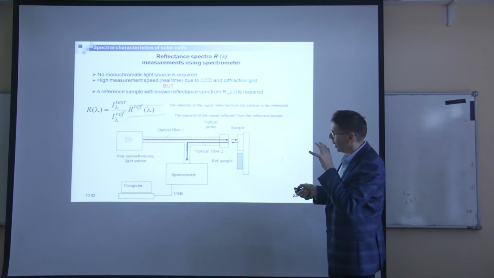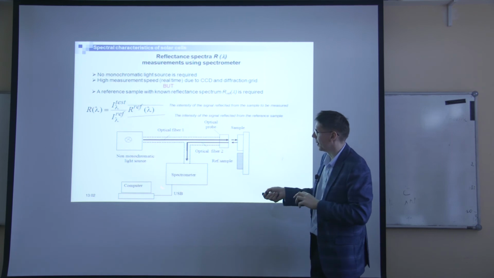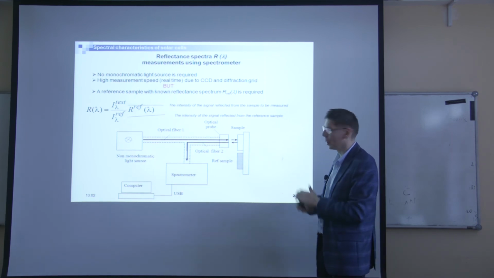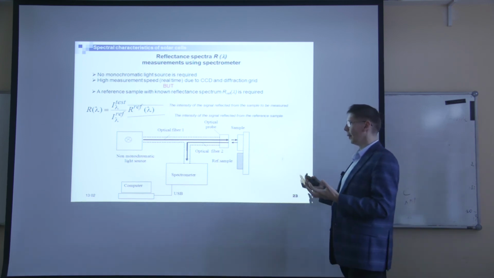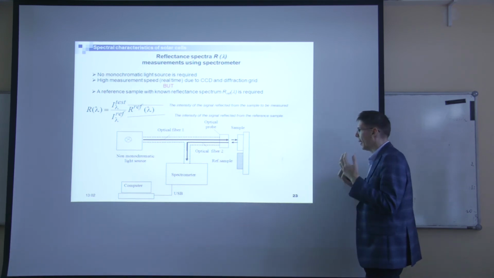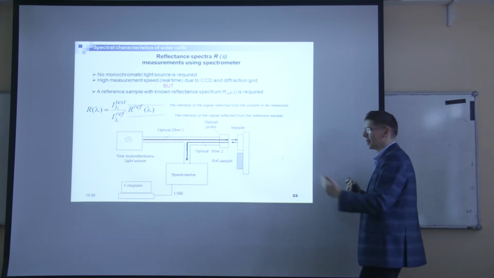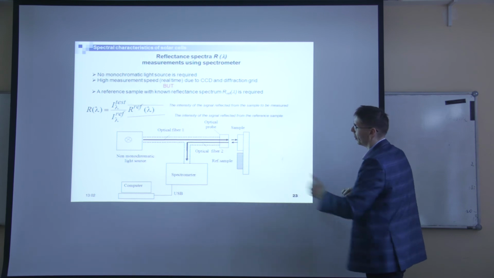What is more specific here is that instead of the monochromator, you can use a spectrometer. What does it mean? It measures the spectrum in situ. Using a monochromator, you select the wavelength to measure intensity, so you always have to choose the wavelength.